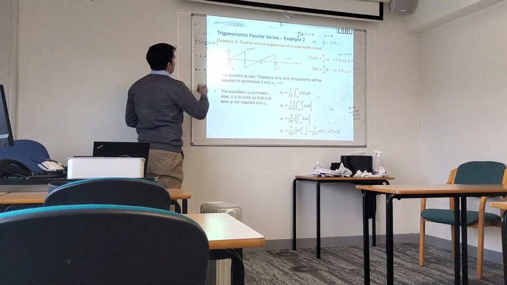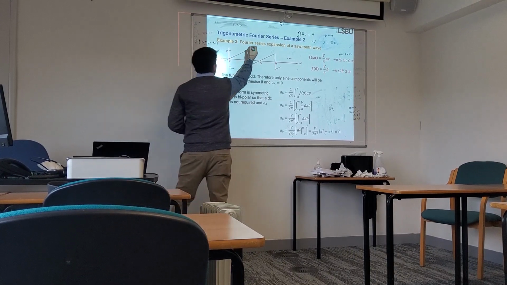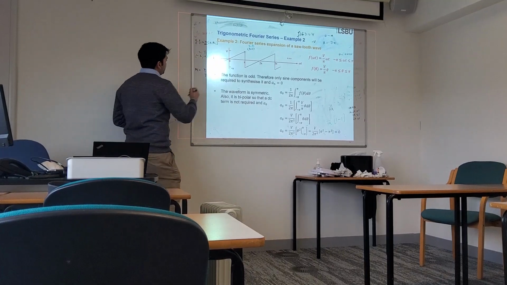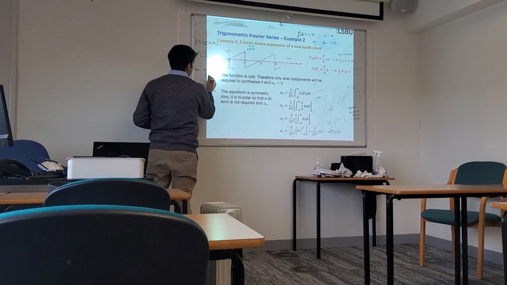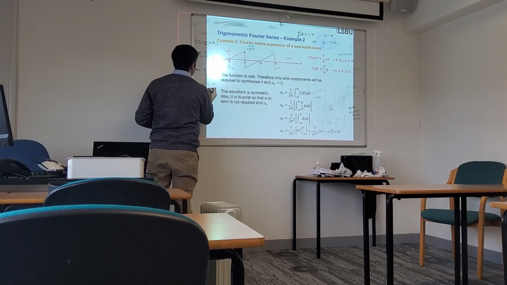So if I take this as x1, y1, and this as x2, y2, then x2 is pi and x1 is minus pi, and y2 is v and y1 is minus v.